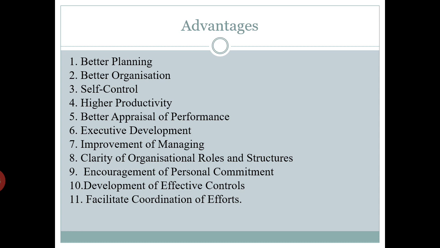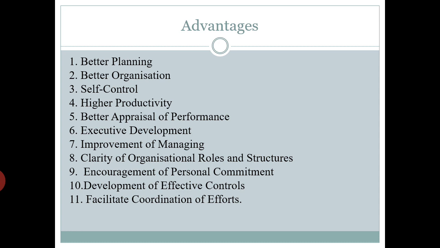Then encouragement of personal commitment. When you set individual objectives which are related to the organizational objective, a kind of satisfaction will always be there in the mind of the employee, through which he can surely be committed towards the organizational objective also. Then development of effective controls.